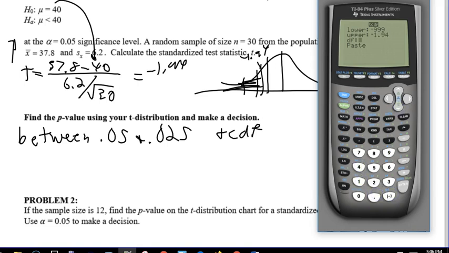Our degrees of freedom is 29. Enter, enter. And there it is, round properly. 0.0311, because the 8 tells the 0 to go up.